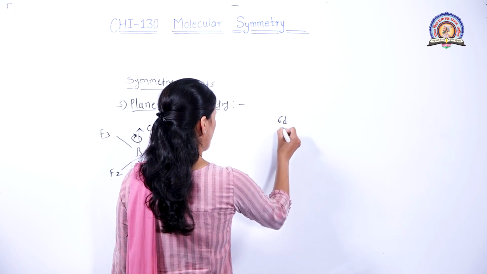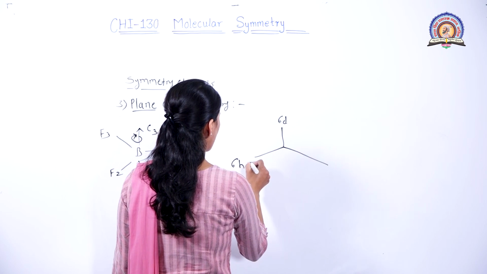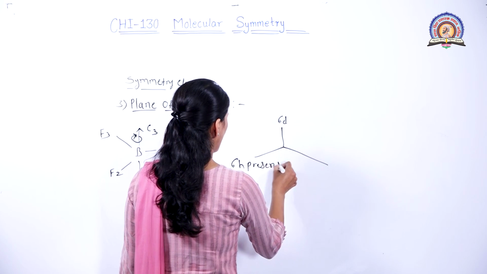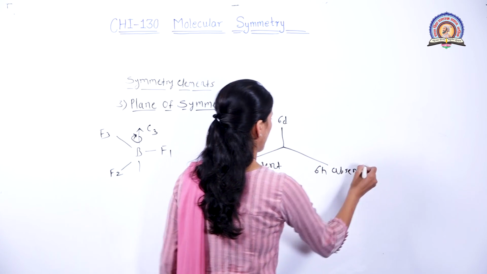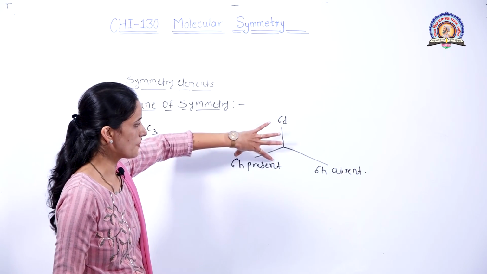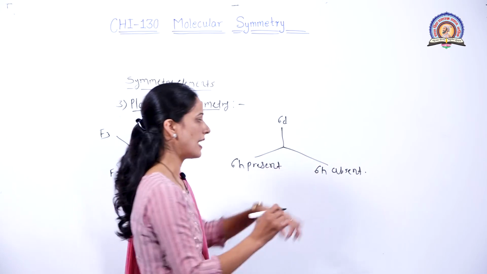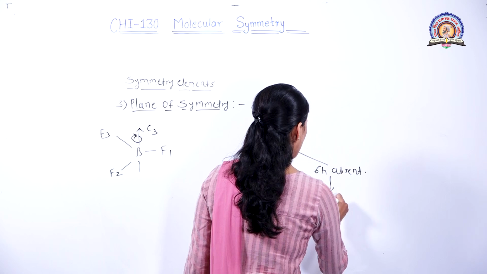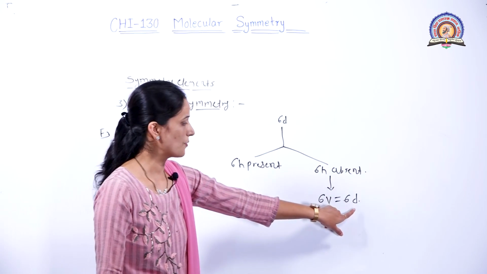For sigma d, there are 2 cases, either sigma h is present or sigma h is absent. When sigma h is absent, at that time sigma v is equal to sigma d. Sigma v is equal to sigma d.